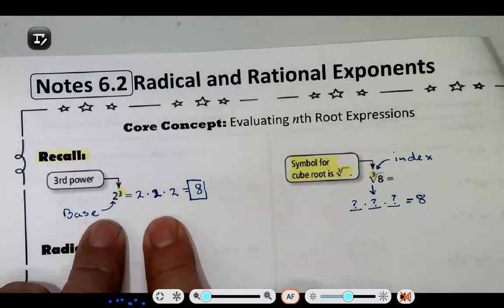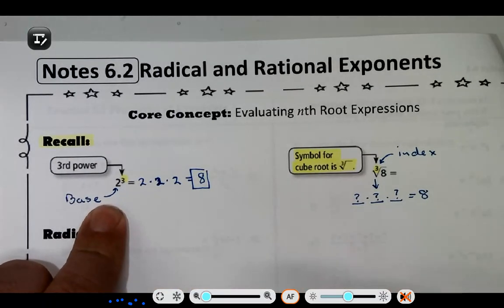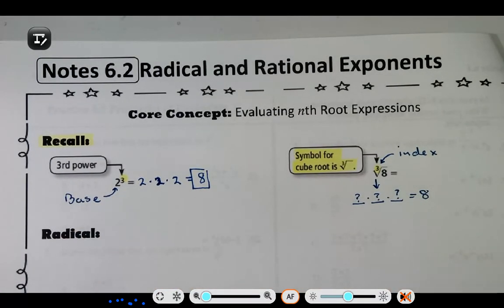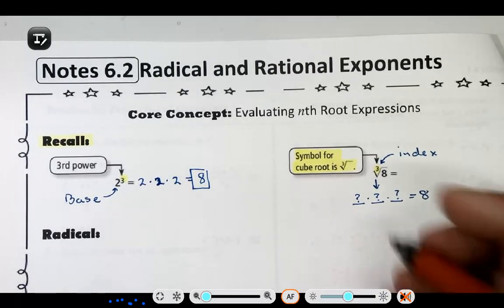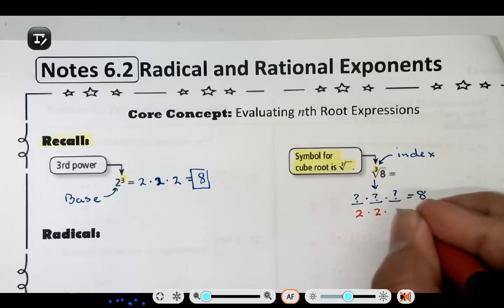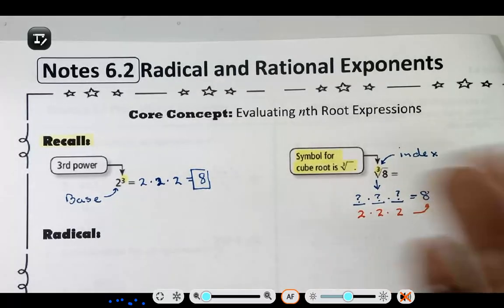Well, we just saw it over here, and that's why we can do this problem right away. We know that the number that you would multiply 3 times to itself, because it does have to be the same one, would be 2 times 2 times 2, because that's what gives me that 8.